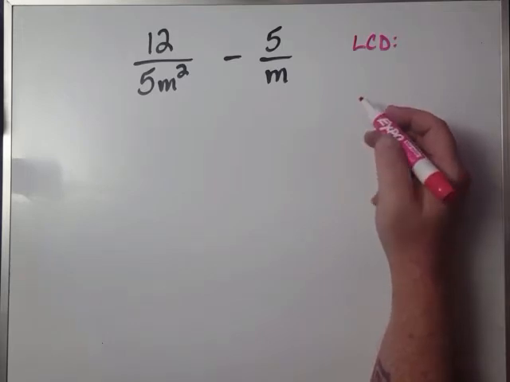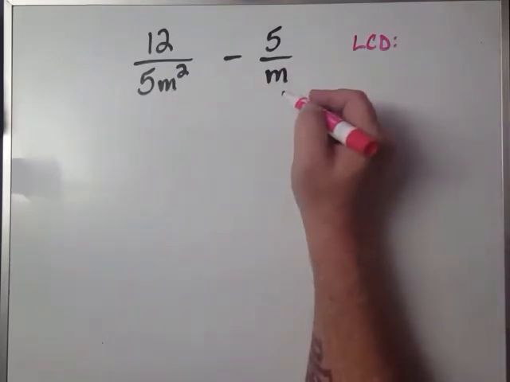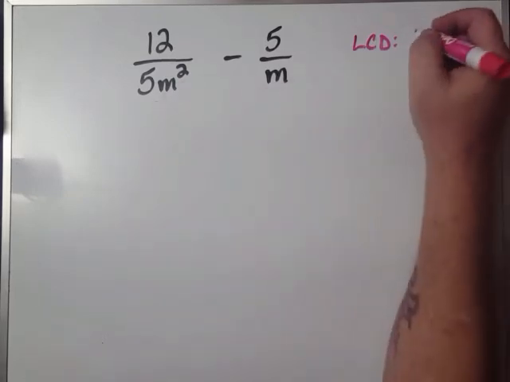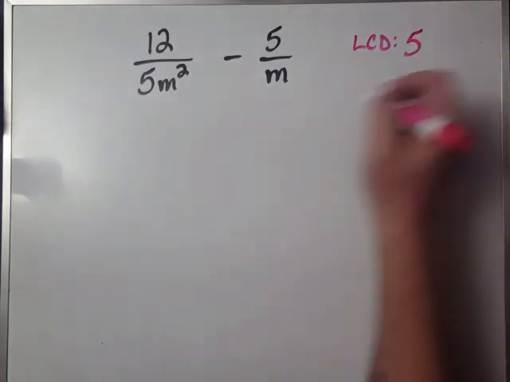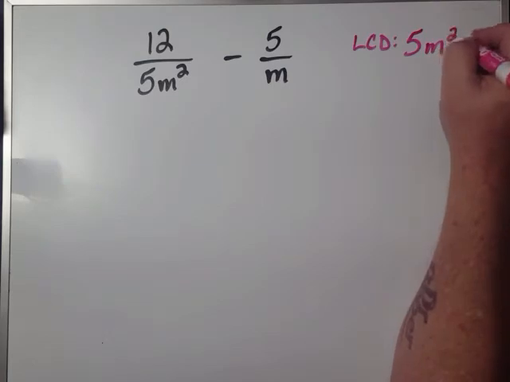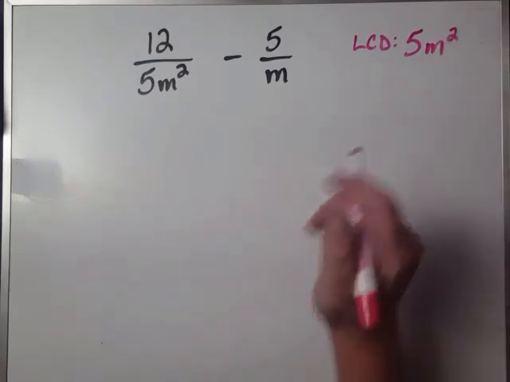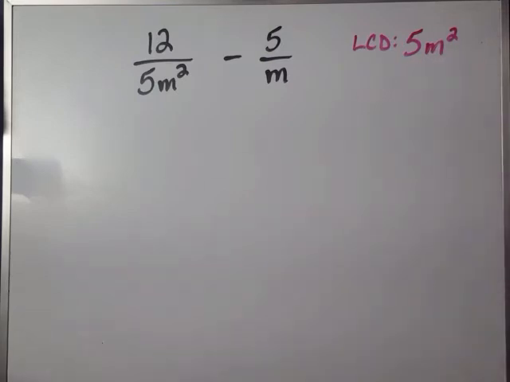So, there's nothing I can do about factoring these. They're factored completely. Let me just look at what factors I have. I see a factor of 5. And I also see a factor of m, and the m at most appears twice in that first denominator. So my least common denominator is going to be 5m squared.